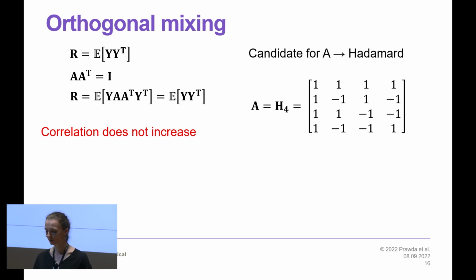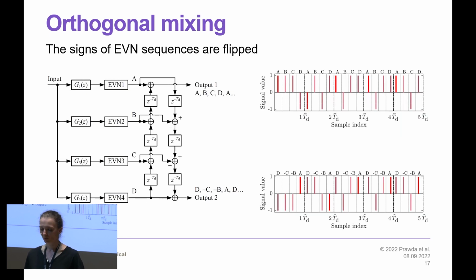I will just say that a good candidate for this matrix A is Hadamard matrix, which we used in our papers. It contains only ones and minus ones, and it's easy to implement and has one nice feature that I will cover in a second. So here we have an example of what changes with this orthogonal mixing.